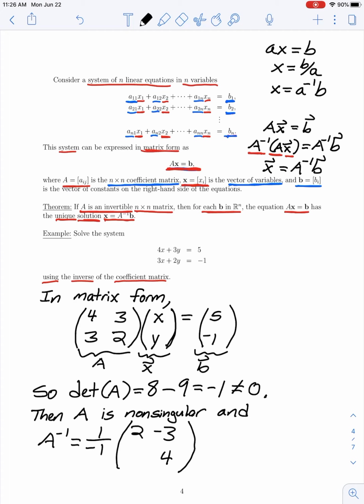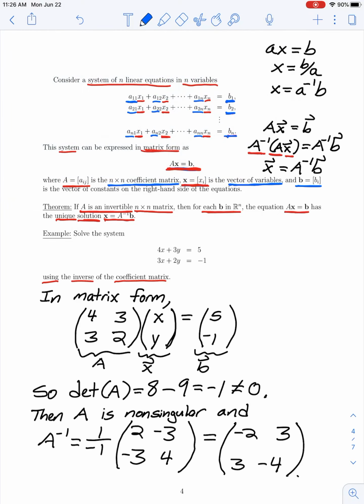So our off diagonals are now both -3. So distributing our scalar out in front, which was -1, through to this matrix, A inverse is -2, 3, 3, -4.